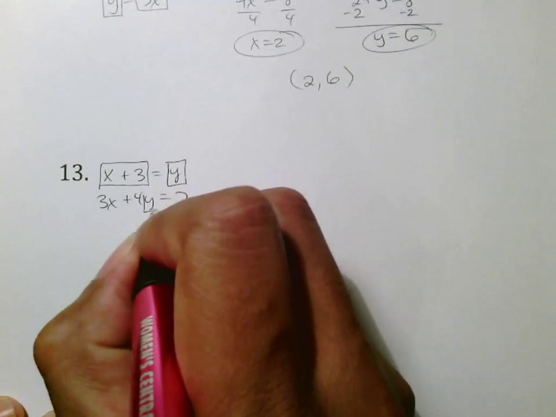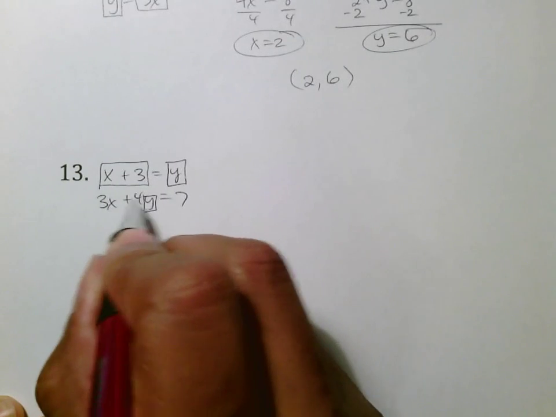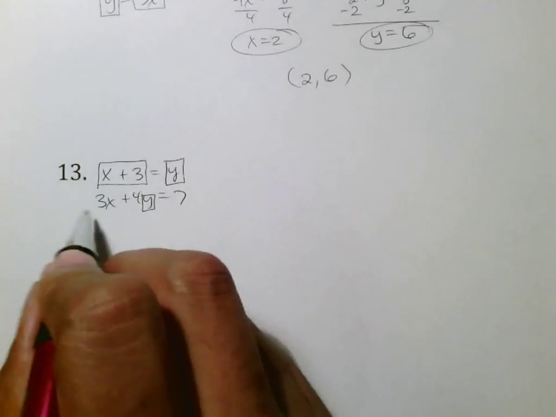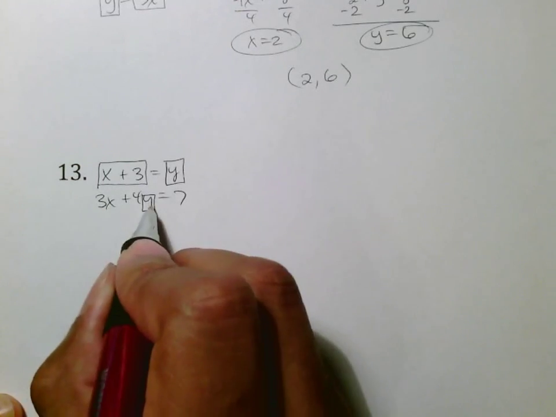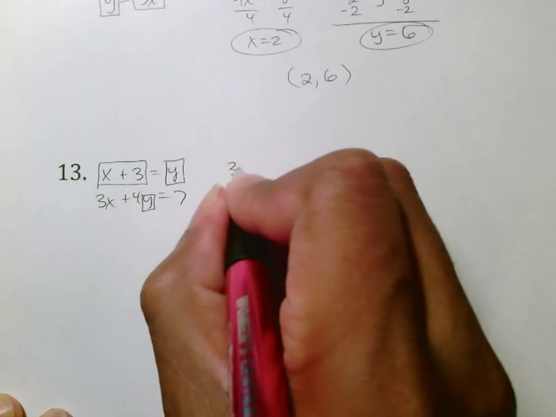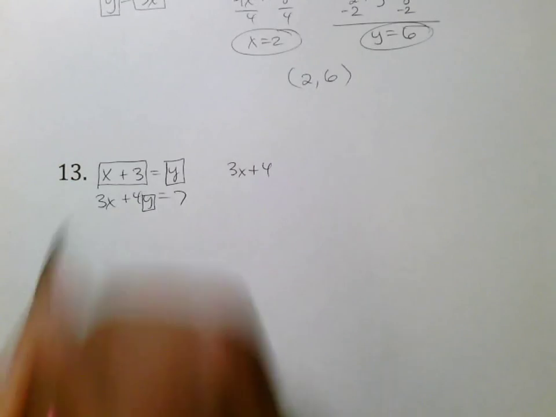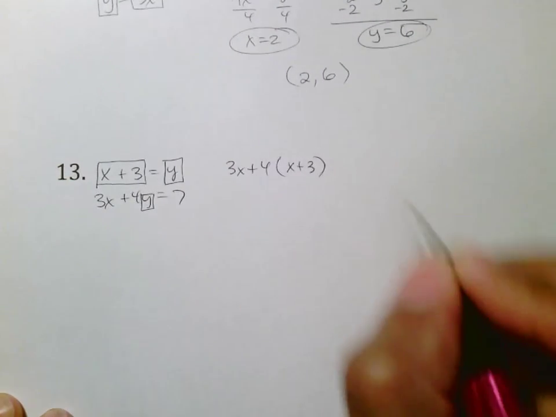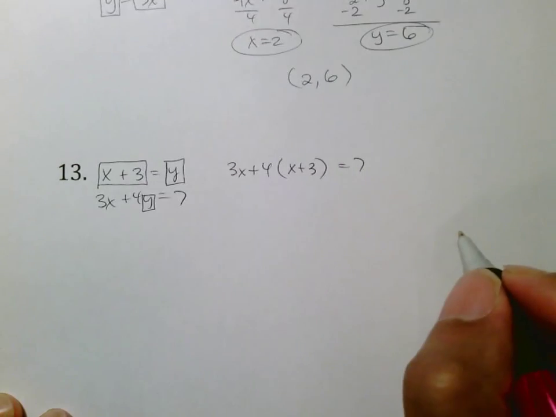So I now come down and put a box just around the y, not the 4y, because if this is just y in the box, that has to just be y in the box. And I'm going to rewrite this by trading out this. So I rewrite 3x plus 4, because that's what's in front of the box. I trade my y out for x plus 3 using parentheses, and then I put equals 7.